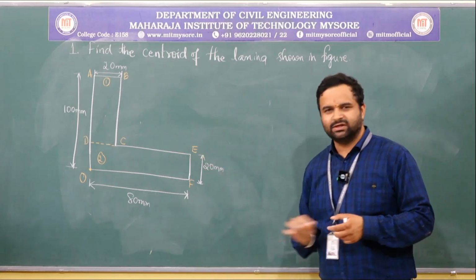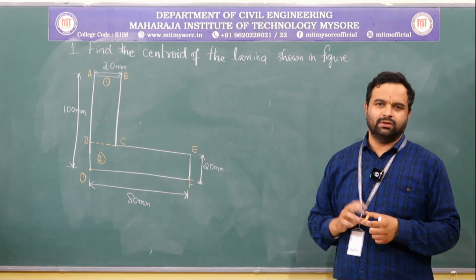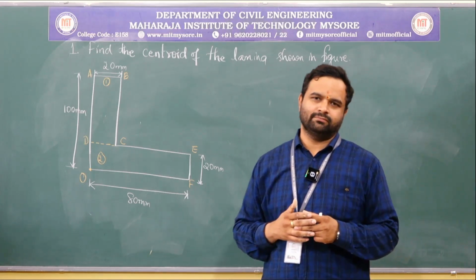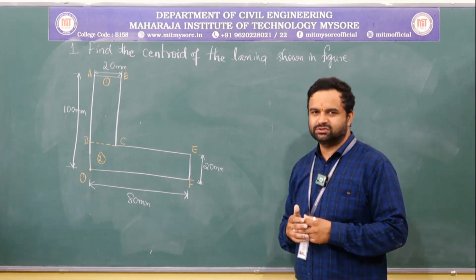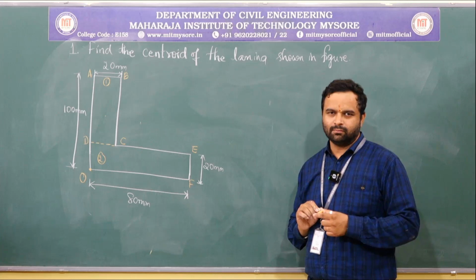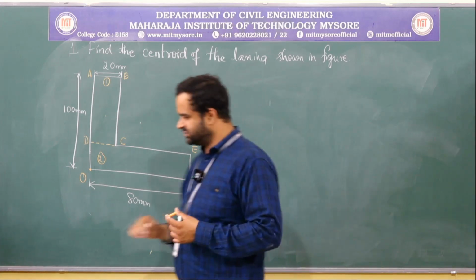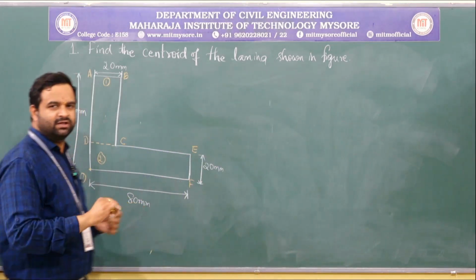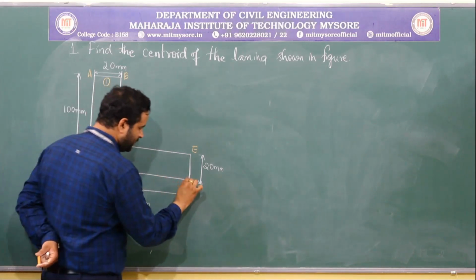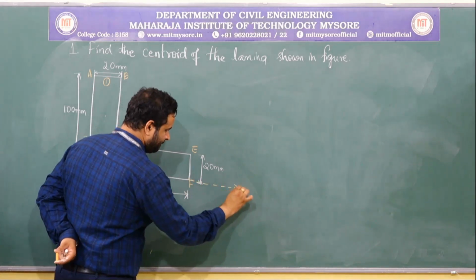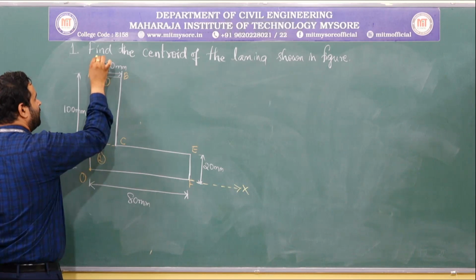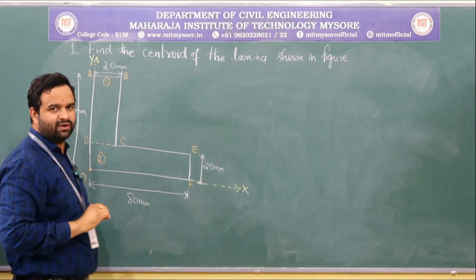Now after dividing this into 2 components, the next step is you need to draw its referral axis. The referral axis should be drawn according to your convenience. So now in this problem, let me draw the referral axis with respect to point O, origin, and this will be OX axis and this will be OY axis.